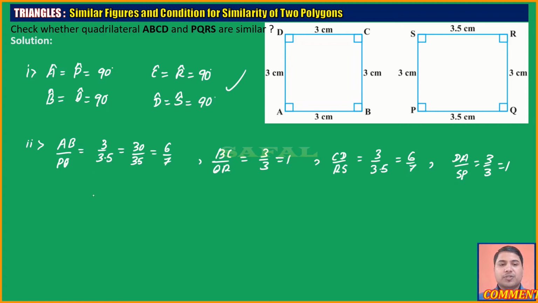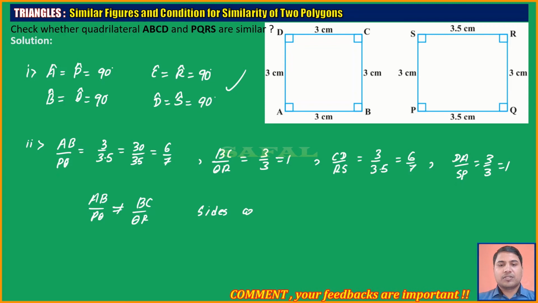AB by PQ is not the same as BC by QR. Even if one side is not proportional, then you can say sides are not proportional. So I can say that sides are not in the same ratio.